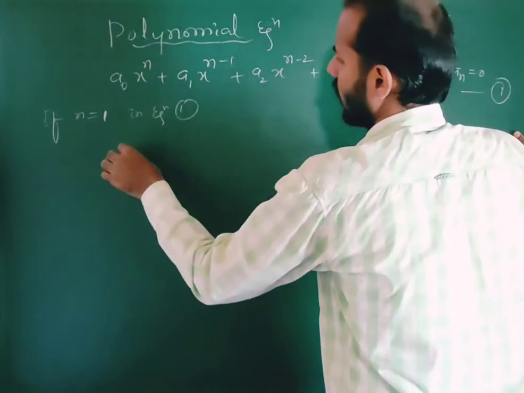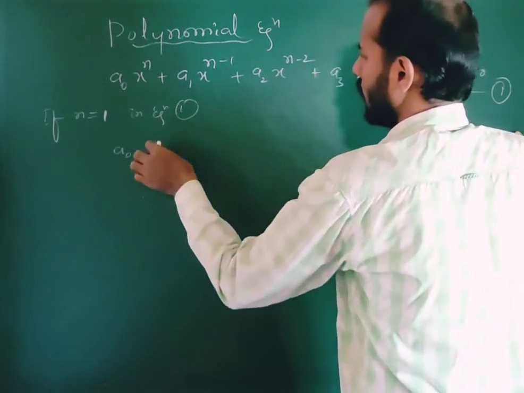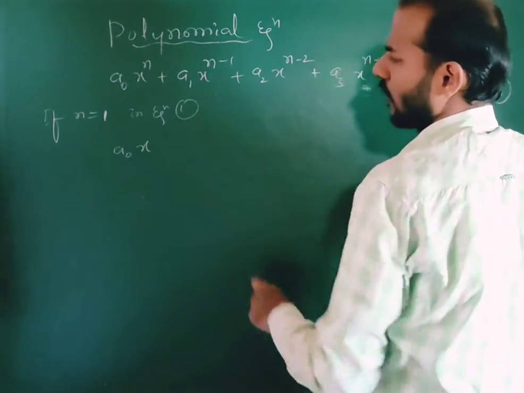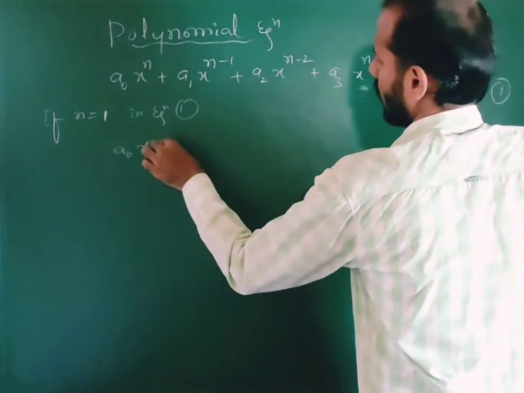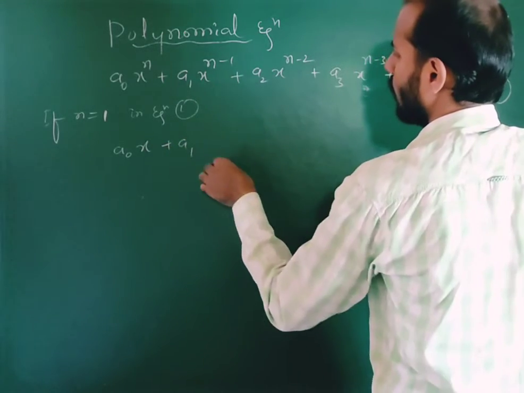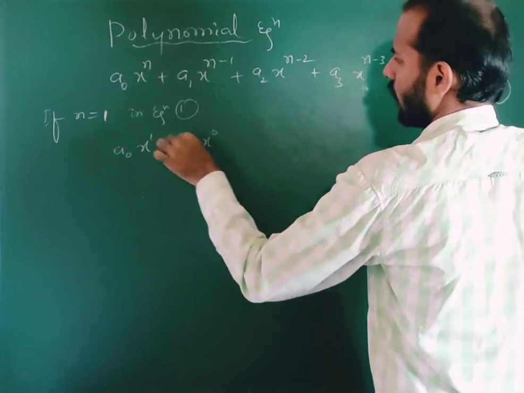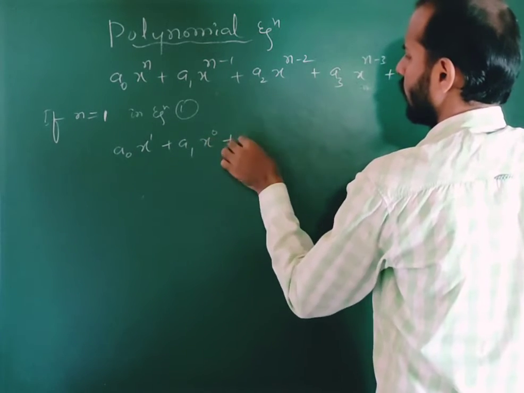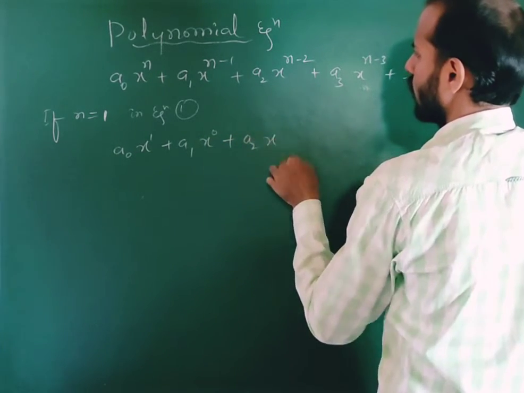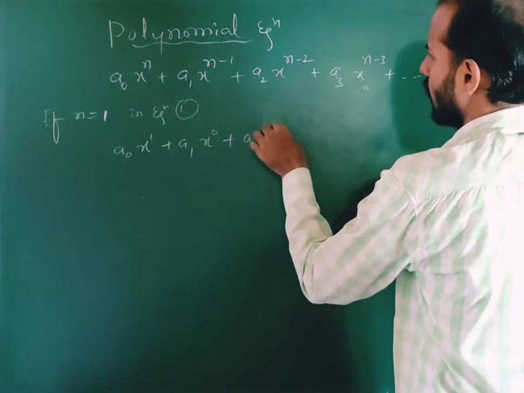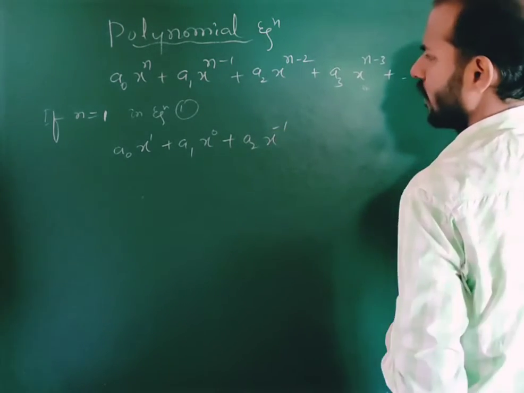Let's see. a naught as it is, x to the power of 1. If nothing is there, it is 1 only, right? Plus a1 x to the power of 1 minus 1, that is x to the power of 0, which is 1, plus a2 x to the power of n minus 2, that is 1 minus 2, which is minus 1.